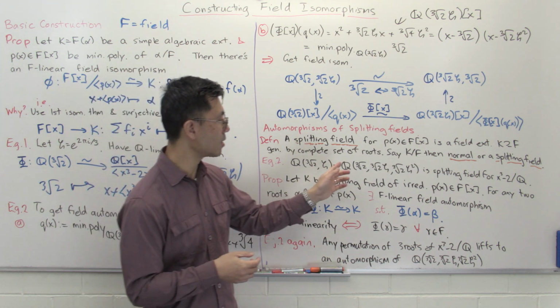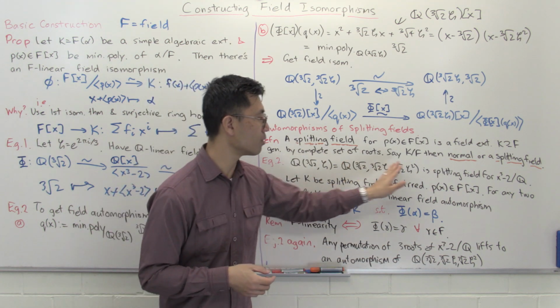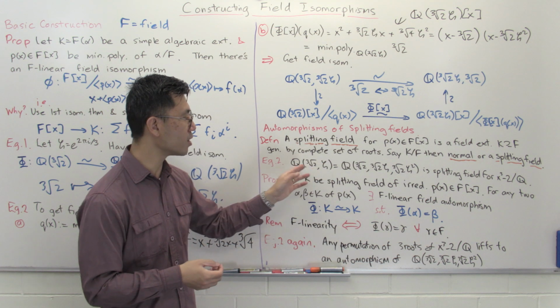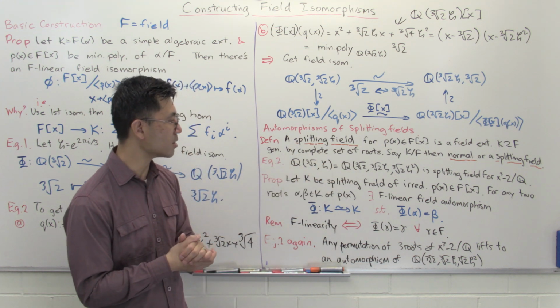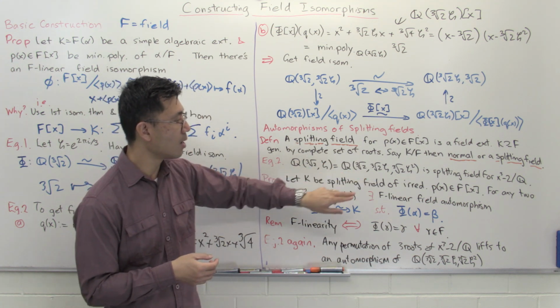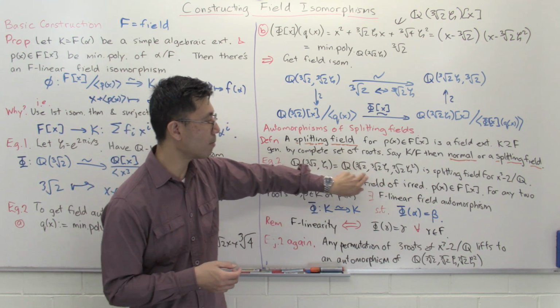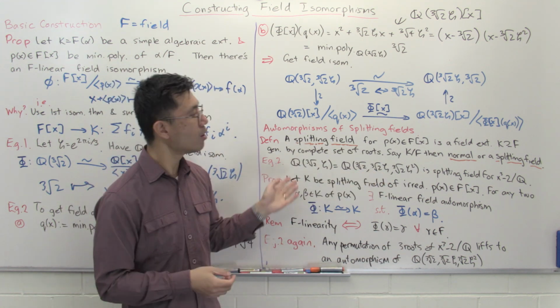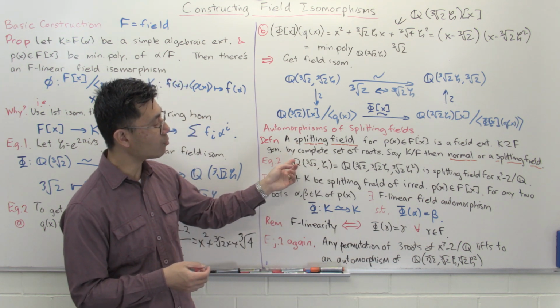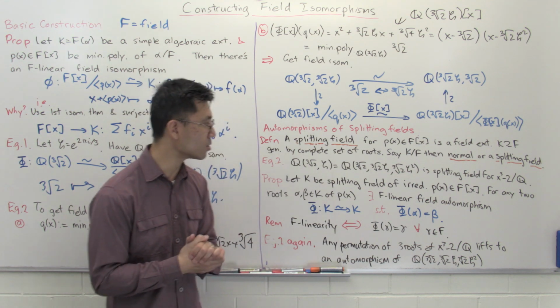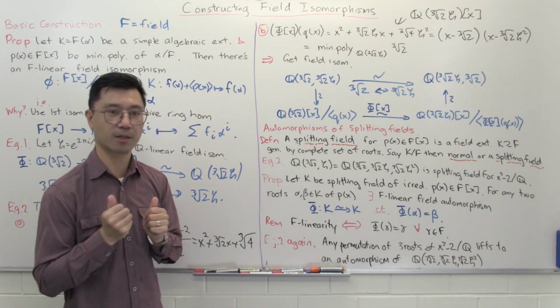That tells you that this right-hand side is contained in the left-hand side. And to show the converse, that the left-hand side is contained in the right-hand side, well, cube root of 2 is already here. And also zeta is inside here because it's a quotient of this one by this one. So it may not look like it's generated by roots of a single polynomial, but in this case it is. So there you have a splitting field.